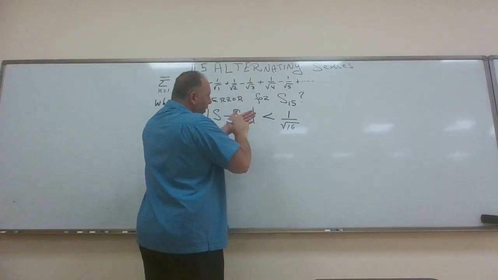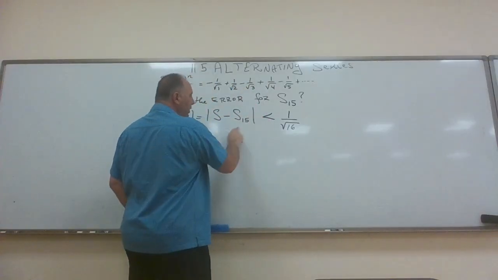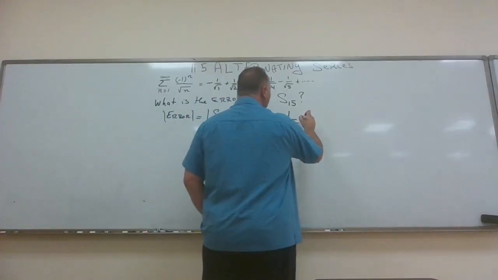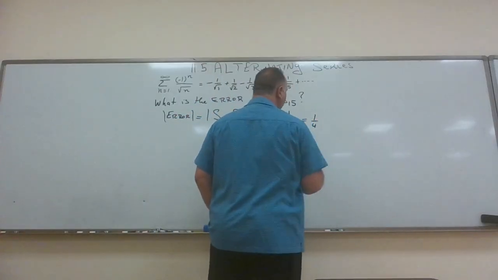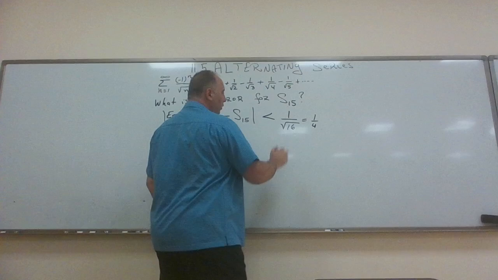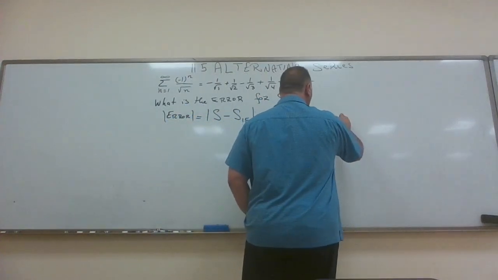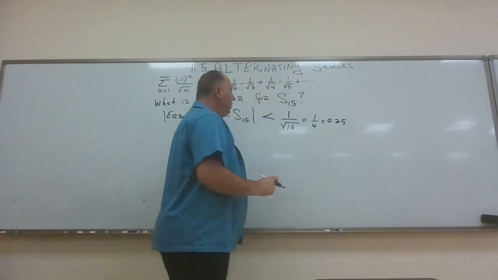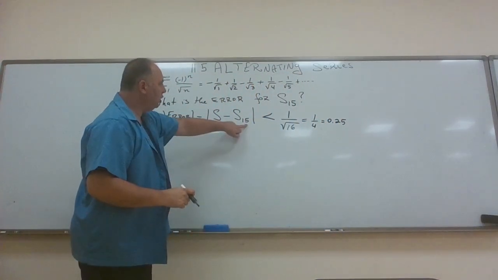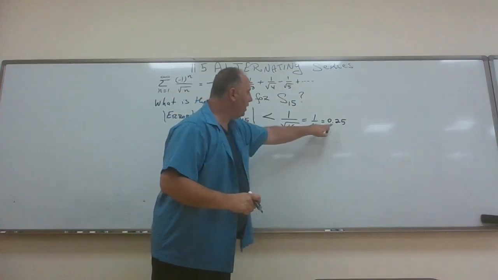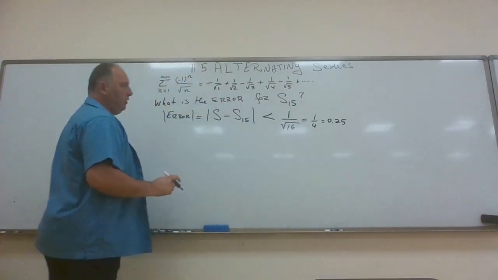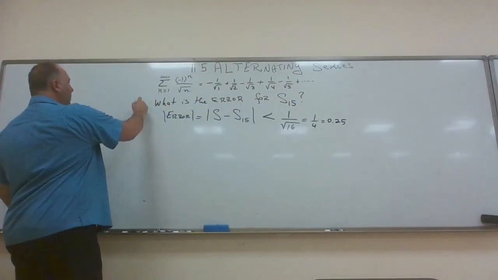I add them by my calculator and I get the number. Now the error is smaller than 1 over radical 16, which is 1 over 4, so this is 0.25. So if I add the first 15 terms, my error is smaller than 0.25. So that's one type of question.